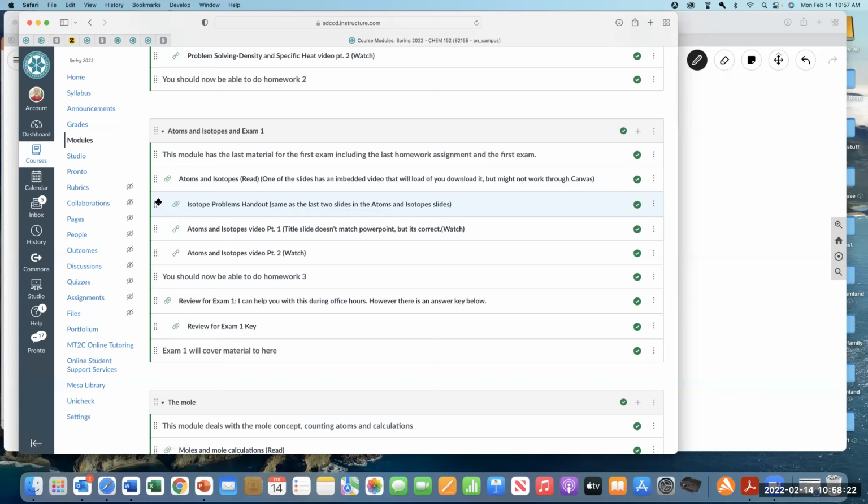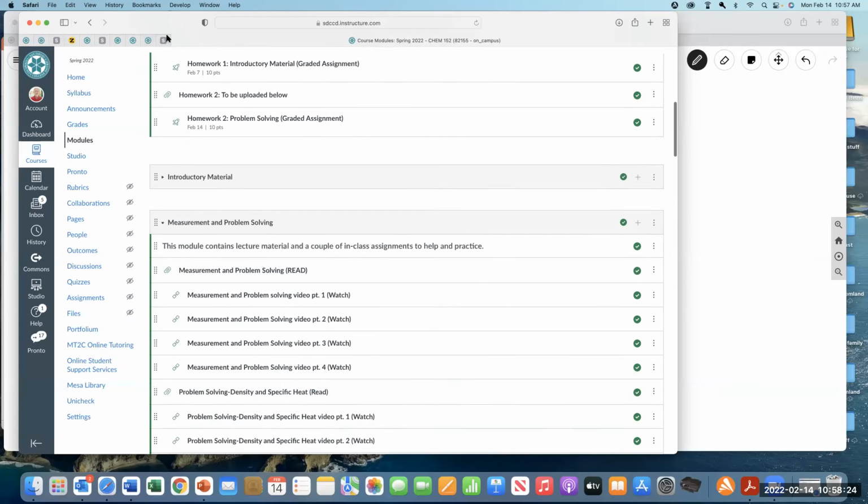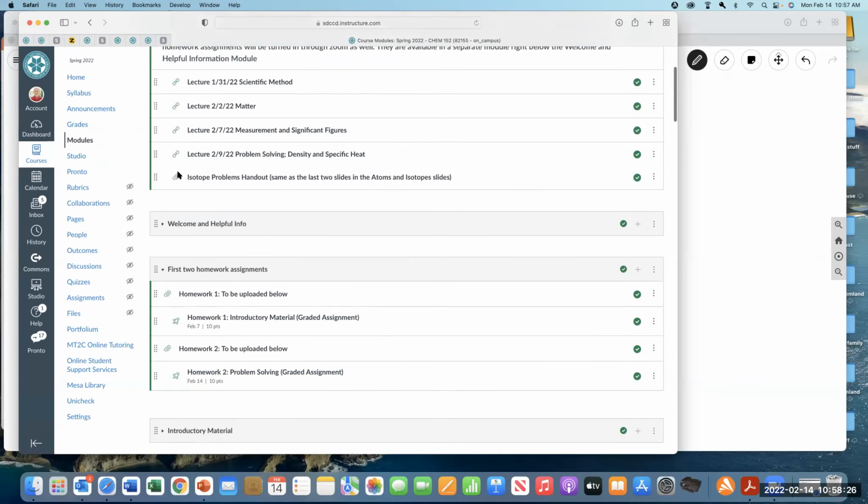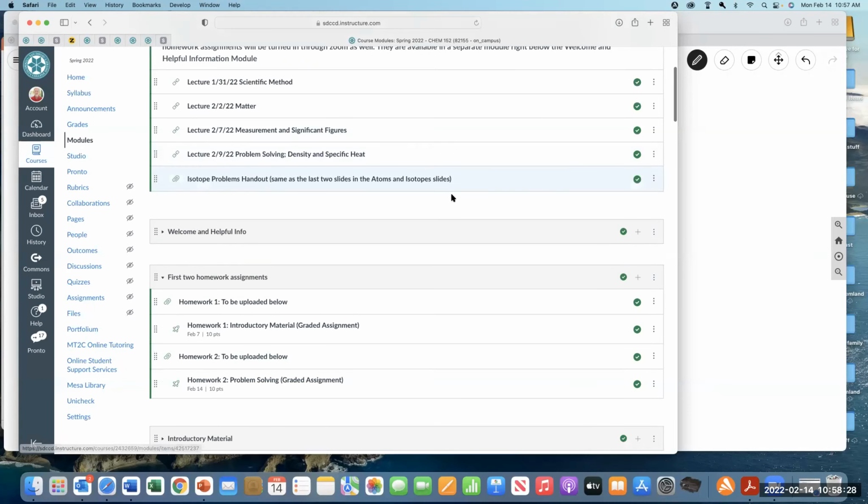I'm going to move this up to here, and indent it. The handout I just did is right here. I'm going to put the recorded lecture right above this. But you can look at that handout because there's problems just like that on the homework.